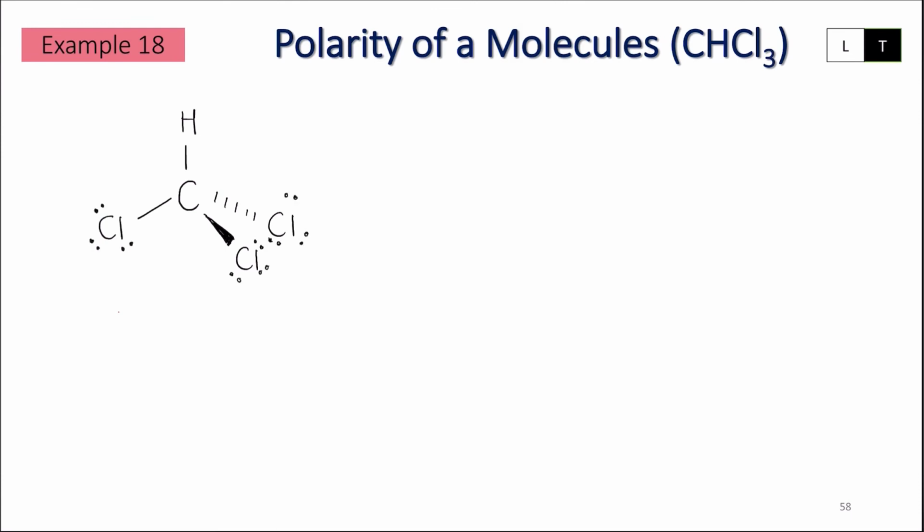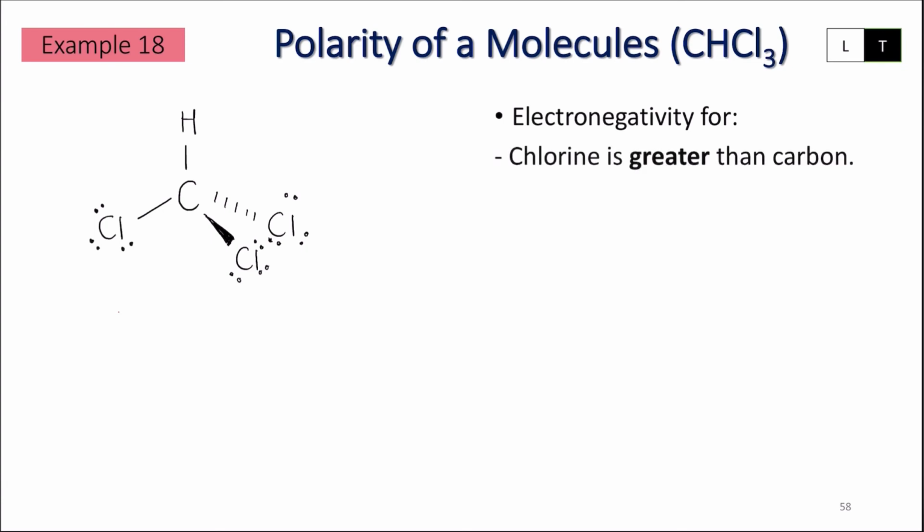This is the shape for CHCl3. If you take a look here, you got different terminal atoms. Awak ada 3 chlorine atoms dan awak ada 1 hydrogen atom. So, kita akan indicate electronegativity between different atom tersebut. So, first, electronegativity for chlorine is greater than carbon.